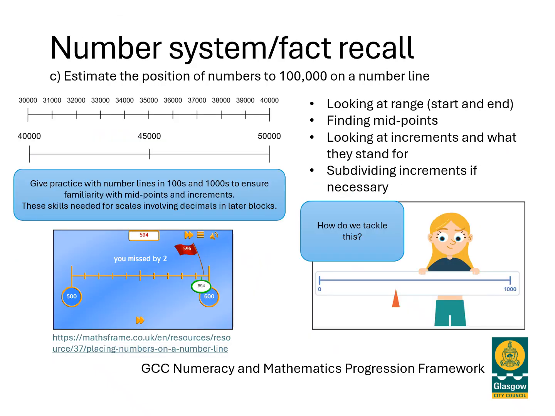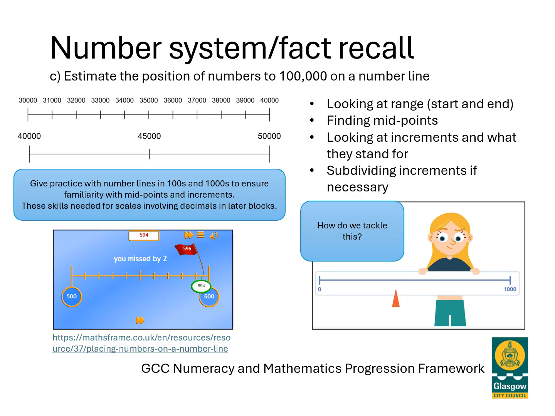In terms of positioning on number lines, it's getting a bit unwieldy to work with numbers of this order, but it is still possible, and it's worth revisiting these skills so that pupils are able to apply their knowledge to bigger numbers.